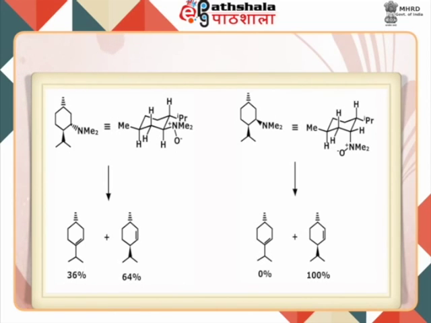Now, what you can see in these equations is that this NMe2 group, when converted into the N-oxide and lost, can give these two products: either the double bond near this substituent, in 36%, or the double bond at the relatively far position, in 64%.